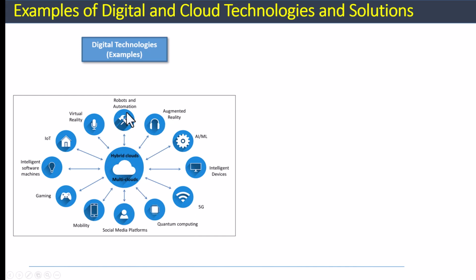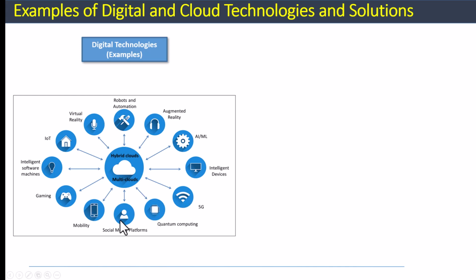For example, there are robots and automation-based solutions, augmented reality solutions, artificial intelligence and machine learning solutions, which are also built on the cloud, a lot of intelligent devices accessing the solutions, accessing backend databases, and so on. 5G is coming into the picture for connectivity reasons.